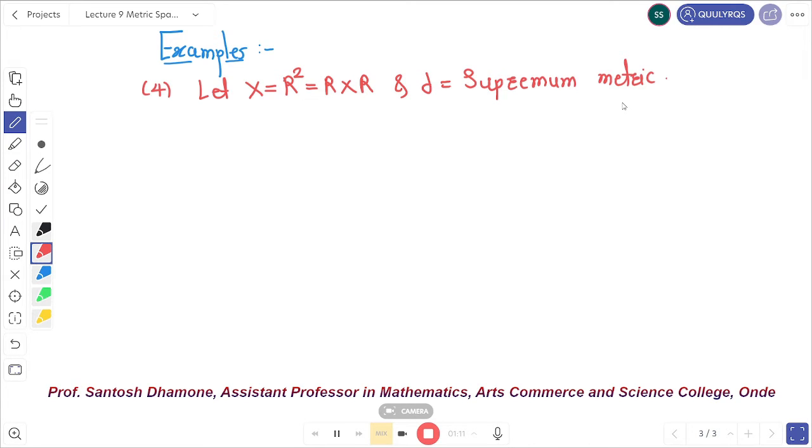Then find the open ball about p with radius r with respect to the supremum metric d. Okay. Solution.